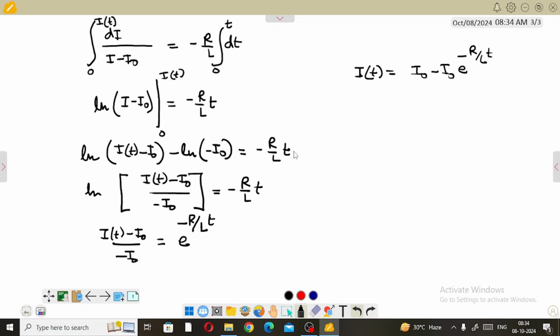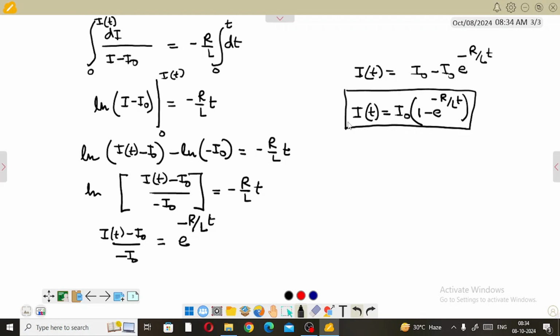So if I take the I0 common, what I get here is I(t), the current flowing through the circuit at time t, is nothing but I0 times 1 minus e to the power minus R by L t. So that's my value of current which is flowing through the circuit at time t. So this is my final equation number 3.